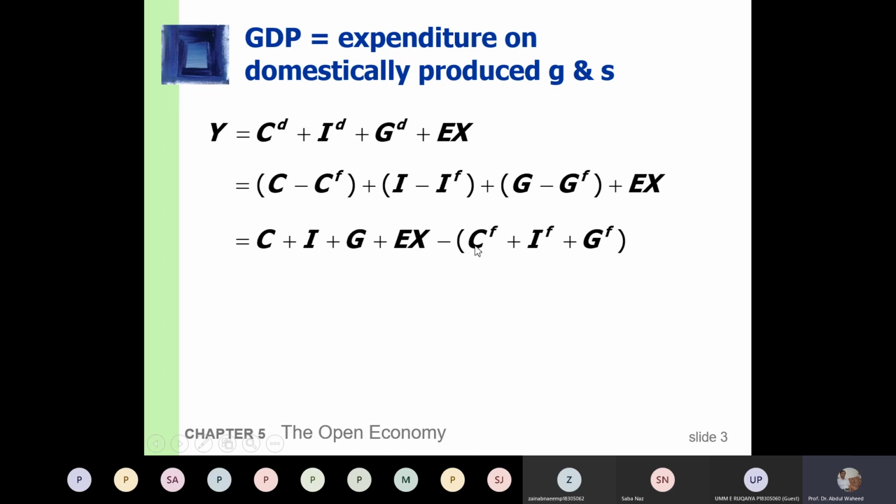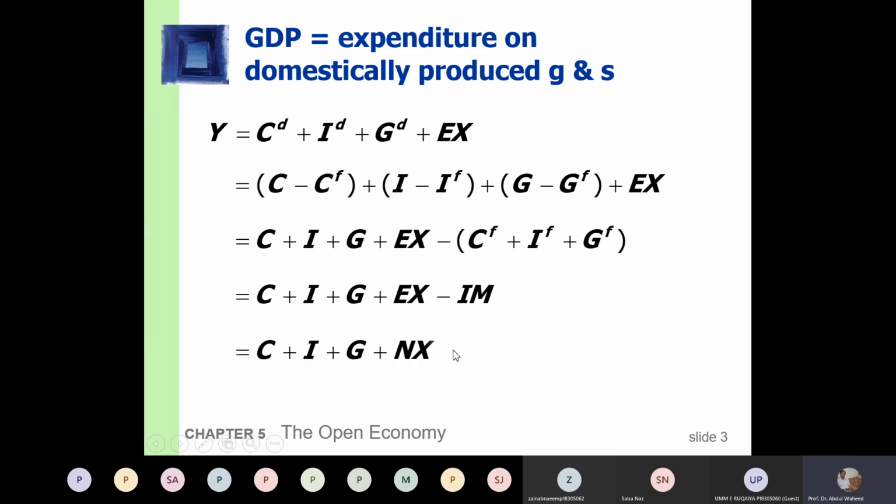So this will be CF plus IF plus GF. Now who will tell me what this is? CF plus IF plus GF is what? Import. Good. So I will put here IM, import. So now Y equals C plus I plus G plus export minus import.